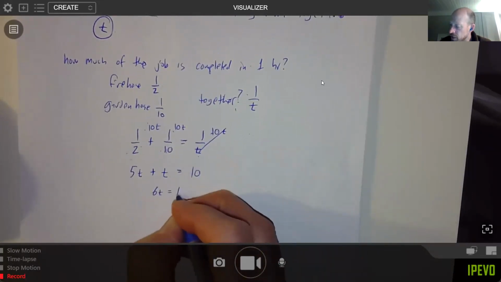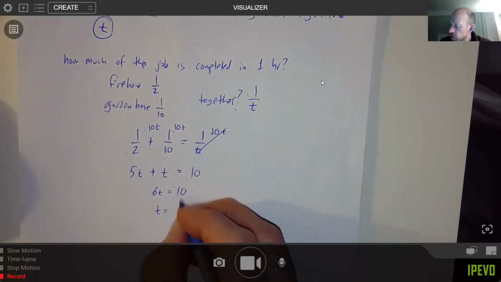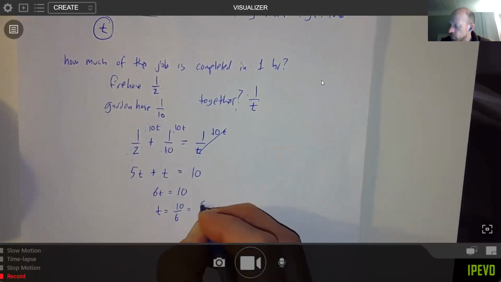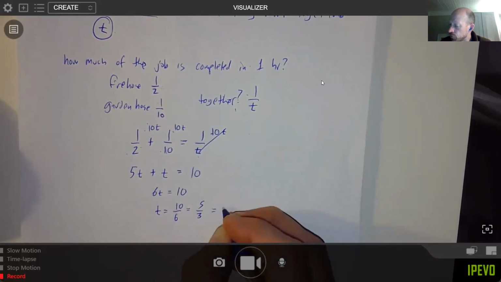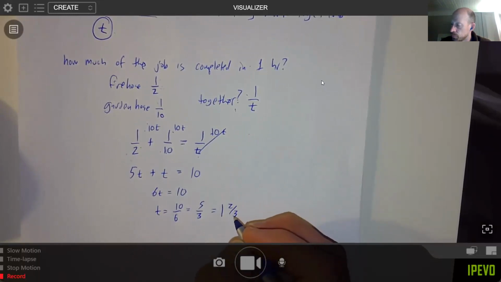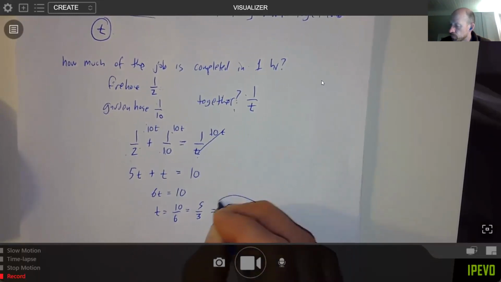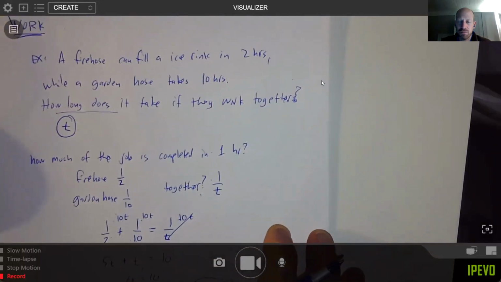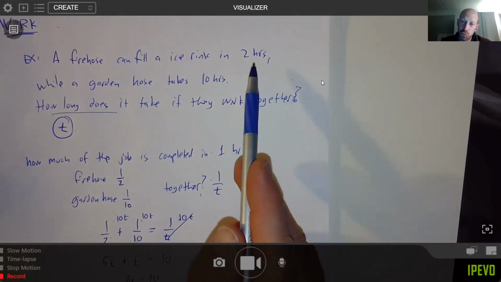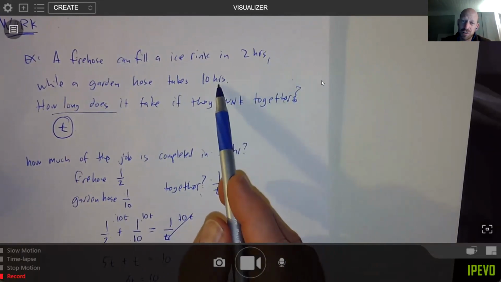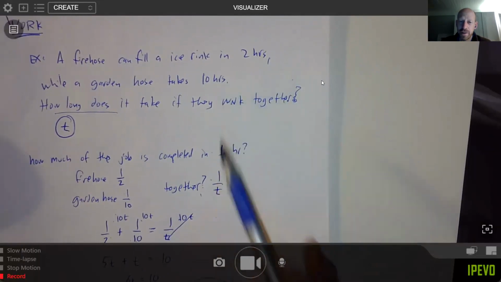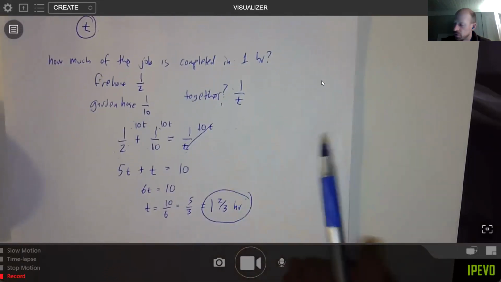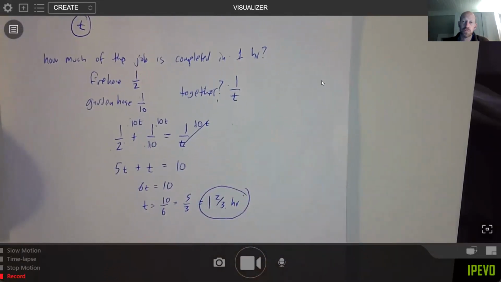So I get 6T equals 10, or T equals 10/6, which is 5/3, which is 1 2/3. By my estimation, we were going to do better than 2 hours, but the garden hose is pretty slow, so it doesn't actually help us all that much. It takes us 1 2/3 of an hour, so 1 hour and 40 minutes, that'd be.